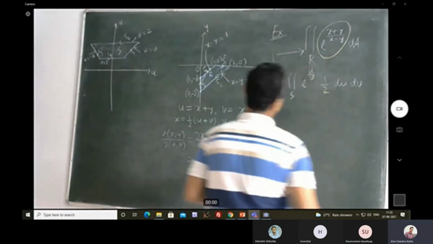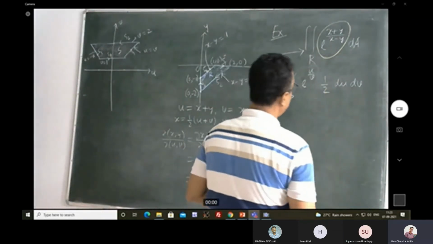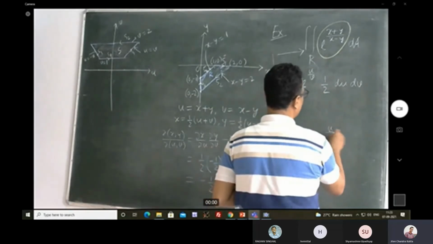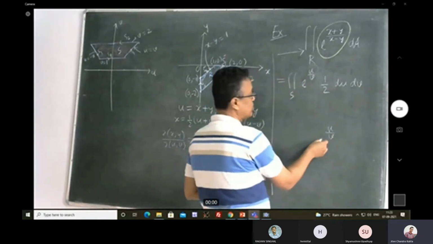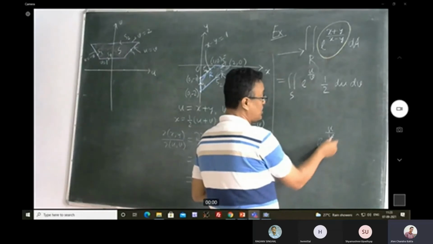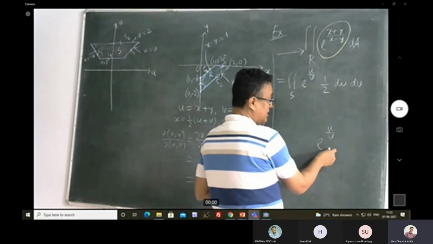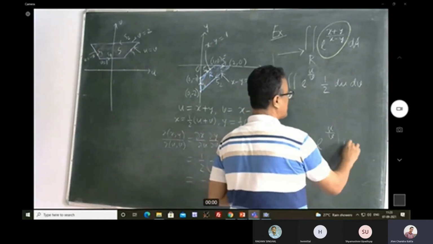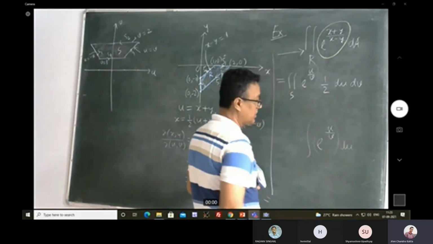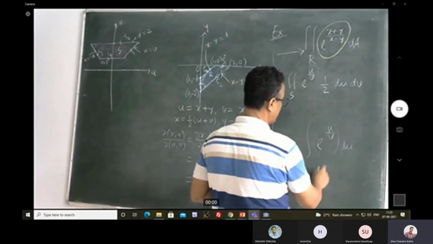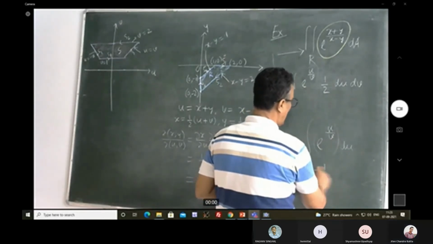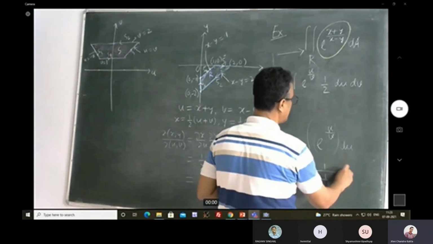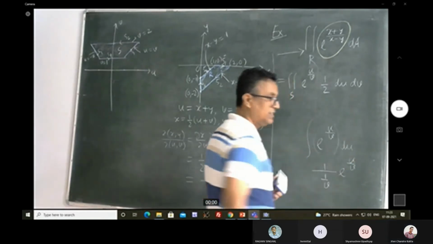If I look at this integral, say suppose you want to integrate it with respect to u, right? Then it is much more straightforward. If you want to partially integrate with respect to u, this is simply going to give you what? I mean, 1 by v e to the power u by v, isn't it?